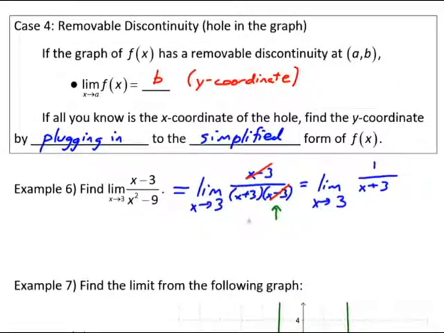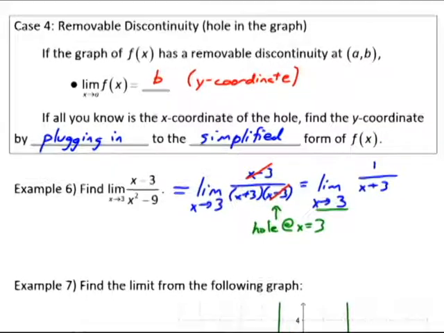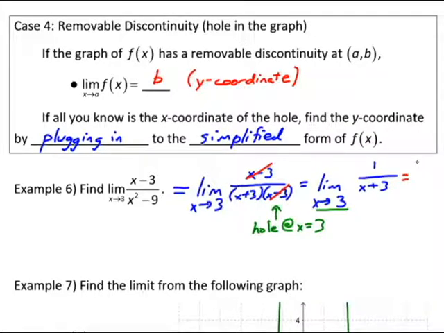That's how we know that there's a hole at x equals 3. This is the number we're approaching, and so we need the y-coordinate by plugging in. Notice that when we plug in, suddenly we don't need the limit notation anymore.